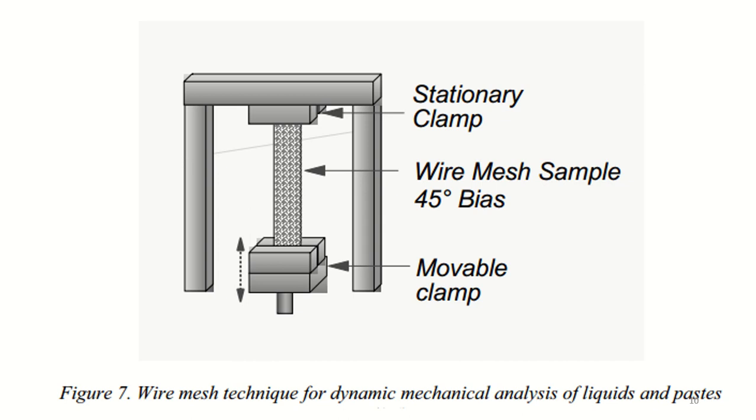The second method illustrated is the wire mesh method, which is done in the tensile mode. The wire mesh is usually stainless steel and approximately 0.1 mm thick, which may be easily coated with a liquid or paste material.